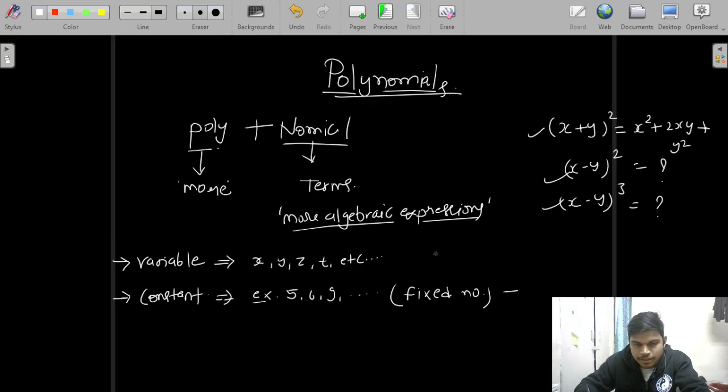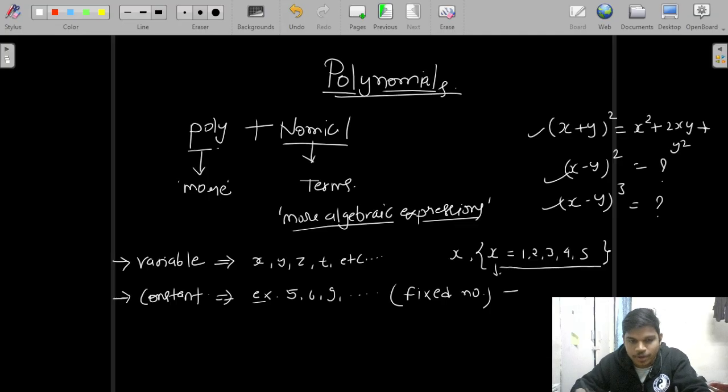For example, suppose I have a variable x, and x is taking the values 1, 2, 3, 4, 5. So I can say this is a variable that is varying from 1 up to 5, right?